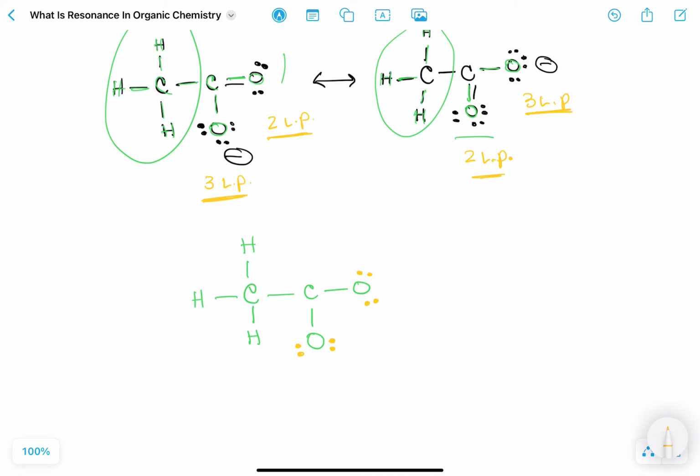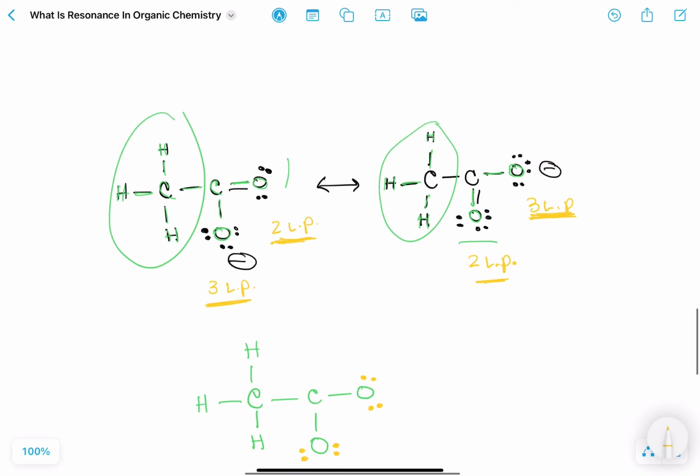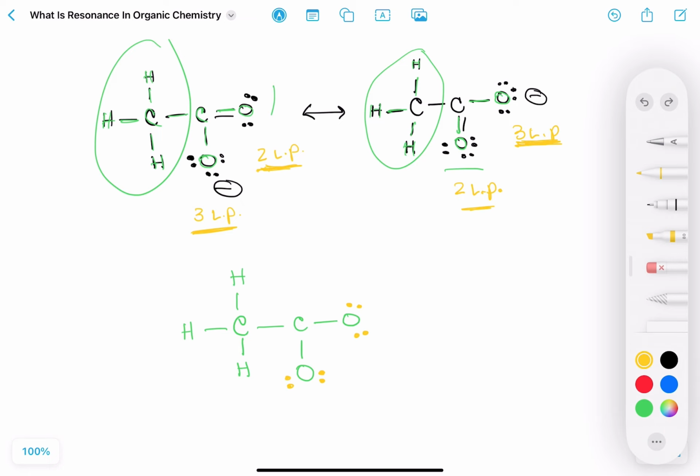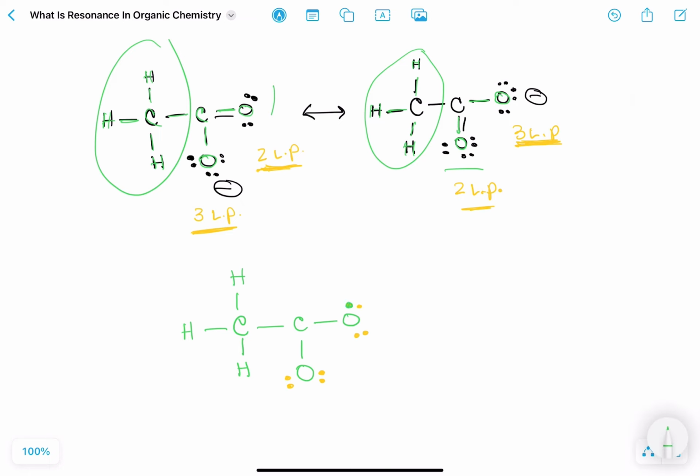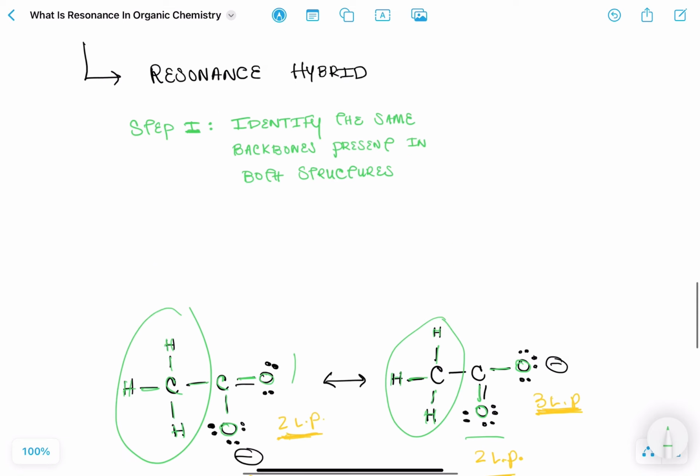We need to figure out what's common to both structures. And so 2 lone pairs, even though this has a third, is common in both cases. And that's the first step. I'll go ahead and put these in green so we can recognize that these are part of the same backbone. So that was step 1.